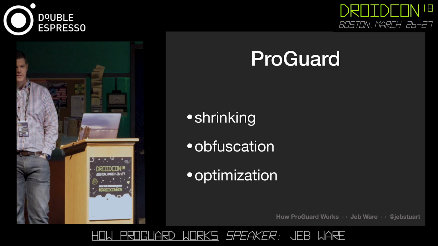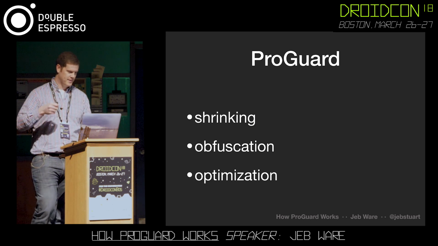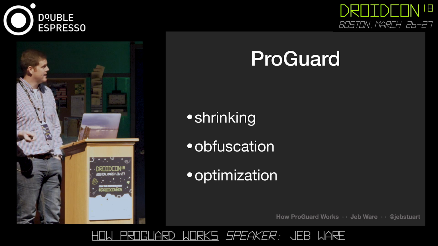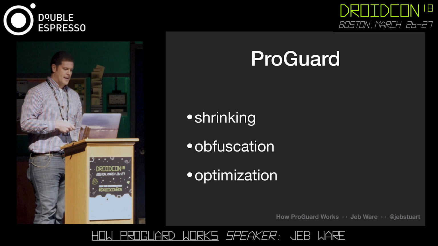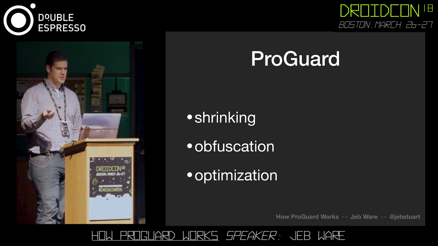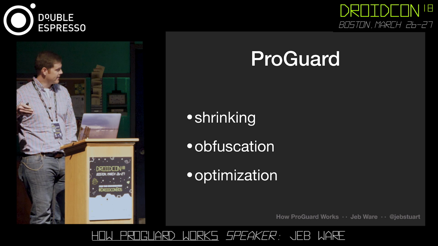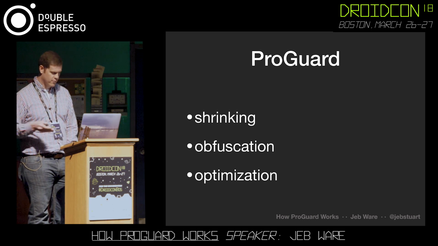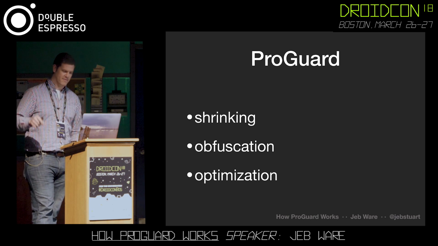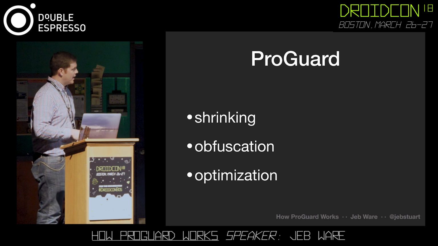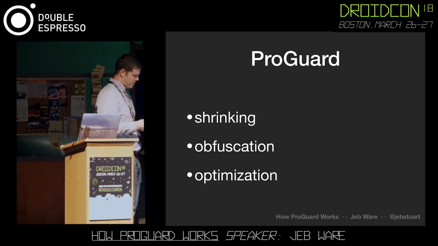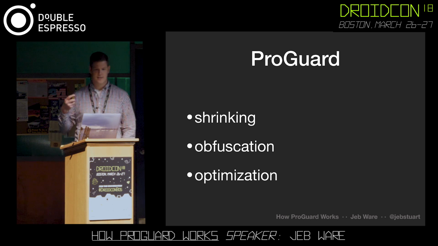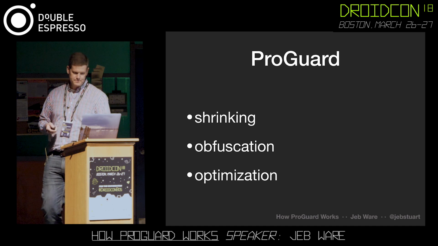So Proguard is an open source tool. It is for Java code in general. It's actually not Android specific. But it does ship with the Android SDK, and the Android build tools will run it for you if you tell them to. There's just a minify enabled switch to turn it on. And when you turn it on, you get 3 benefits. It does 3 big transformations to your code.